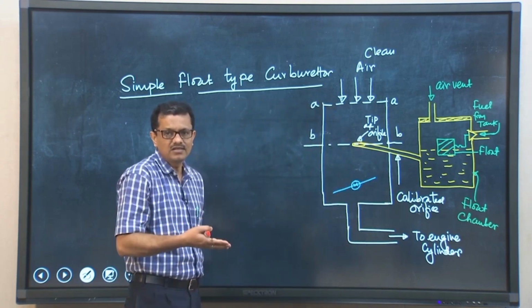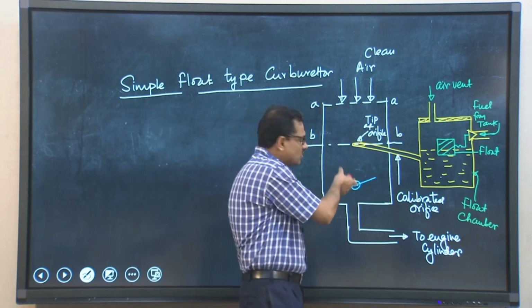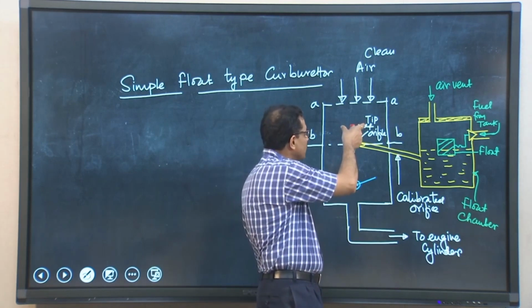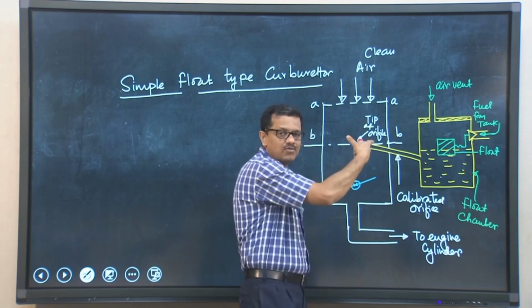So, we need to make some arrangement through this simple float type carburetor that air and fuel will have simultaneous flow.